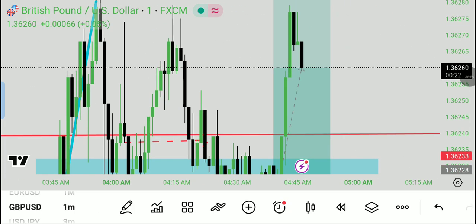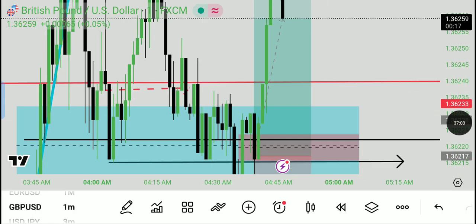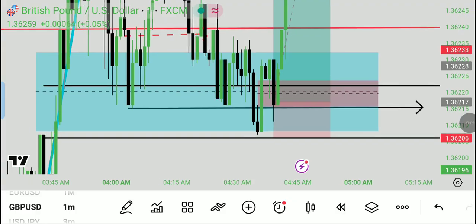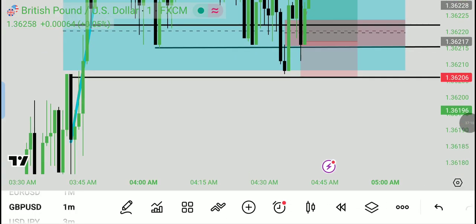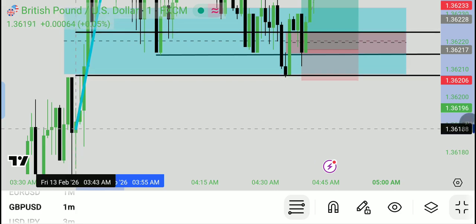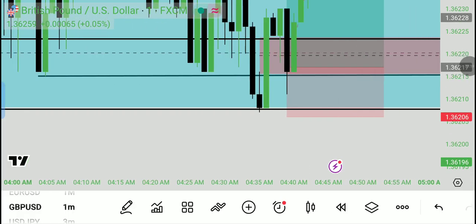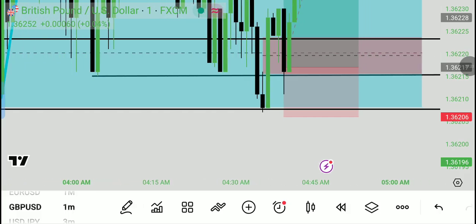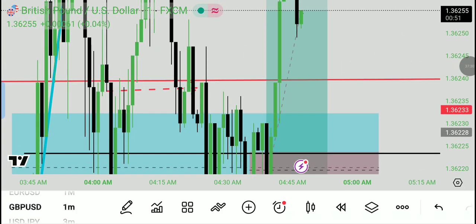It kept dropping, and when it dropped down, it only stopped here at the gang boss again. You can see the candle was still respecting the boss.